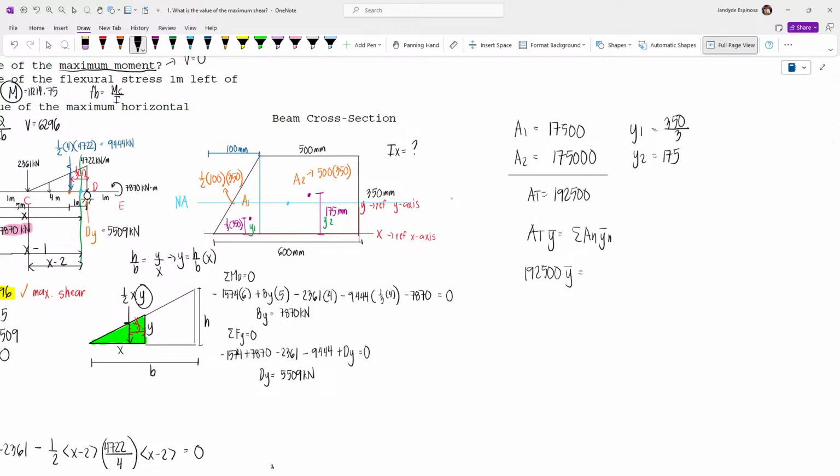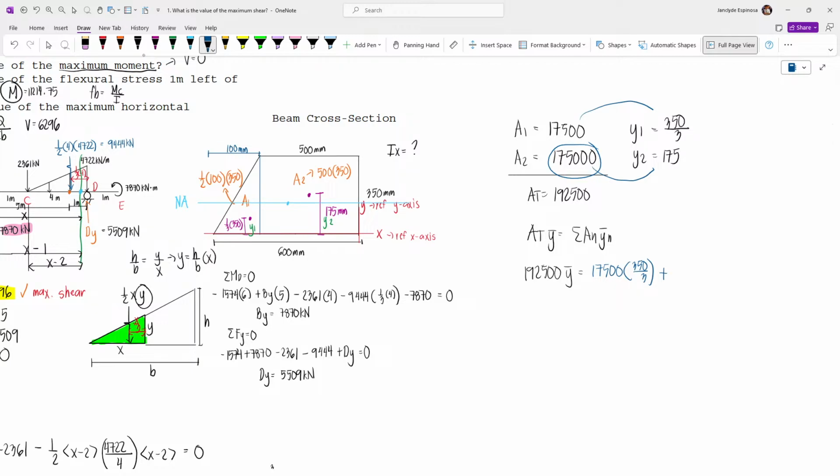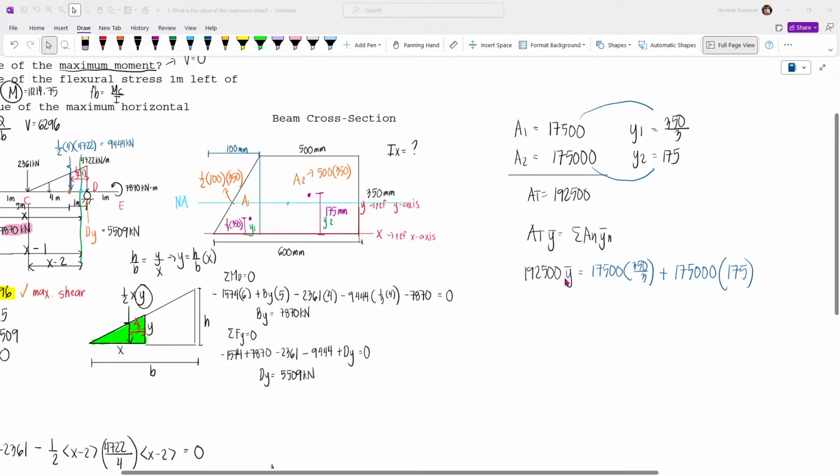Isum up na to ha, pares-pares rata na silang duha. Pares. So 17,500 multiplied by Y1 and then plus 175,000 multiplied by 175. So we can solve barred Y.